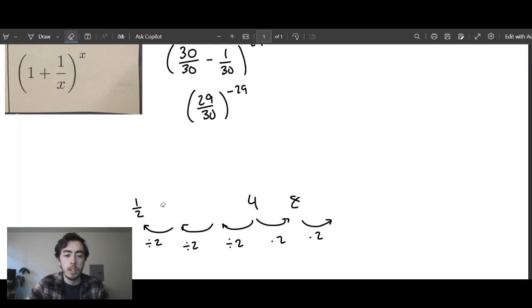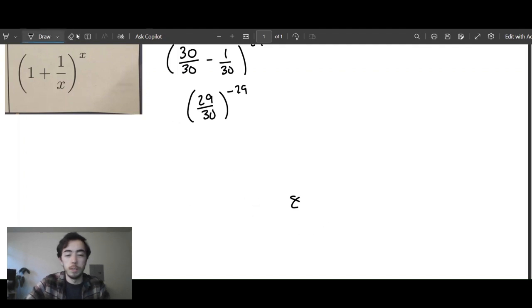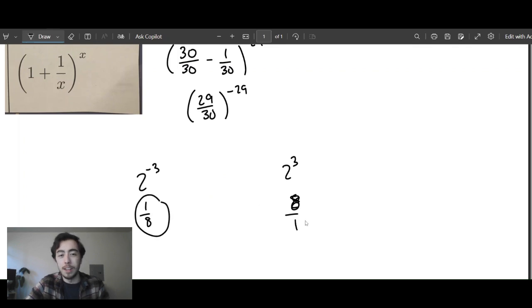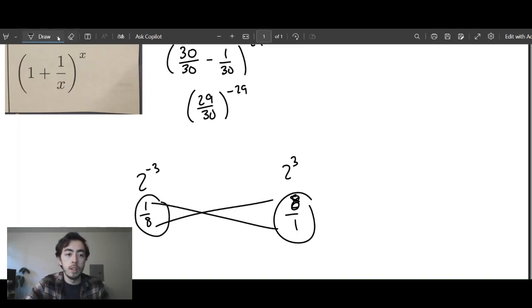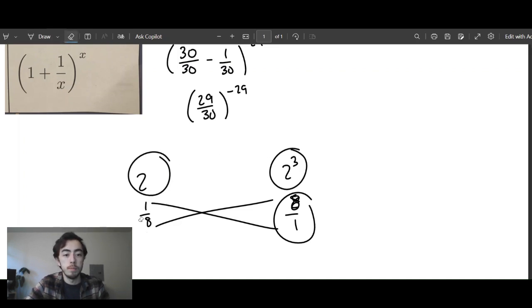And in another sense, you can get rid of these negative exponents as long as you flip your fraction. Here, I'll show you what I mean. 2 cubed was 8. And if we continued that pattern the other way, 2 to the power of negative 3 would be 1/8. You can see how 1 over 8 and 8 over 1, or just 8, are reciprocals or flips of each other. The only thing that's different in the exponential expression is that there's a negative sign on one of them.